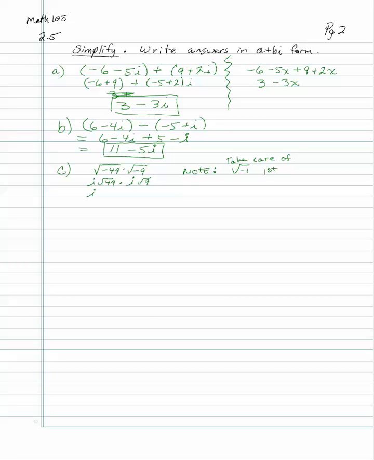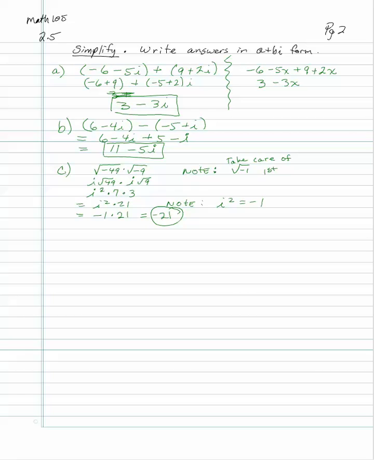So we're going to get i times i, which is i squared, times the square root of 49, which is 7, and the square root of 9, which is 3. So we're going to get i squared times 21, and then we need to note, by definition, i squared equals negative 1. So negative 1 times 21 is negative 21.